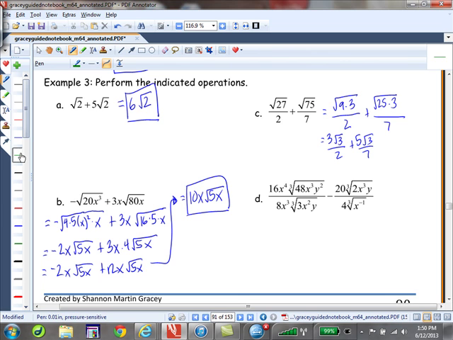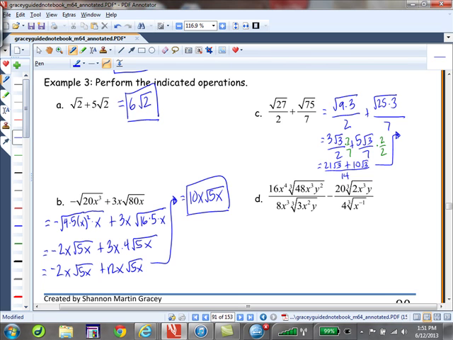I now need to get a common denominator. So if I multiply this one by 7 over 7 and this one by 2 over 2, I'll do 3 times 7 times root 3 to get 21 root 3. 5 times 2 is 10 times root 3, so plus 10 root 3 all over 14.